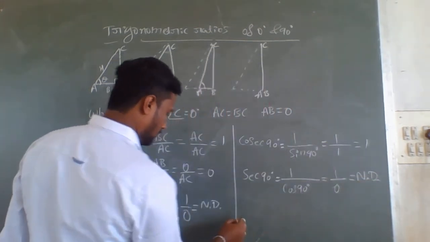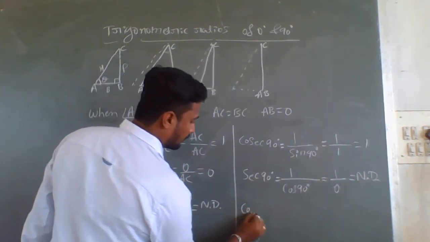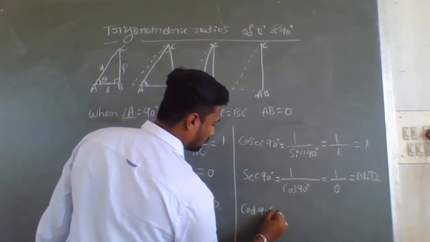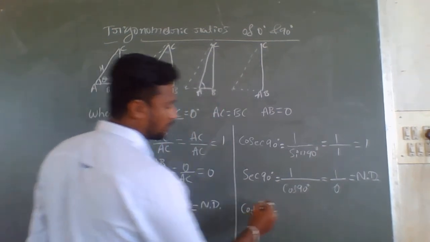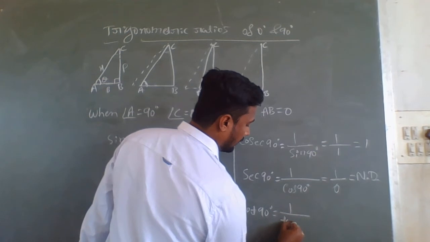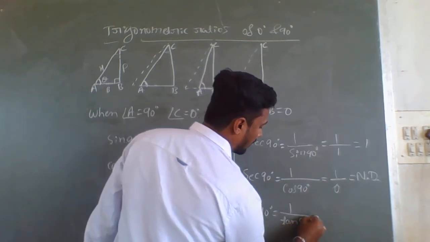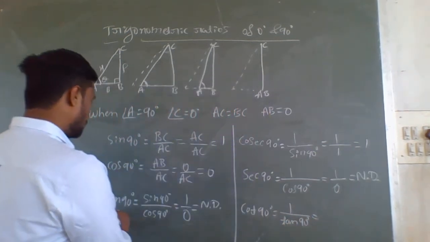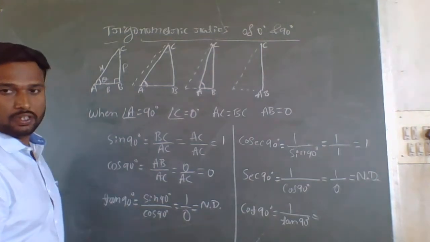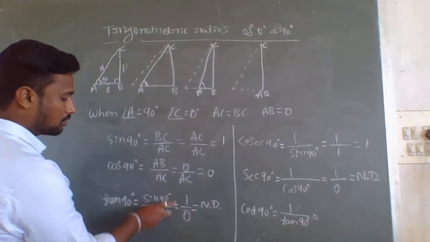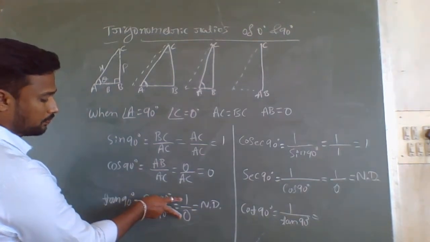Next one, cot 90. So this is the reciprocal of tan 90. So 1 by tan 90 means, what is the tan 90 value? Not defined. So there is no value, so I will consider 1 by 0. Okay.